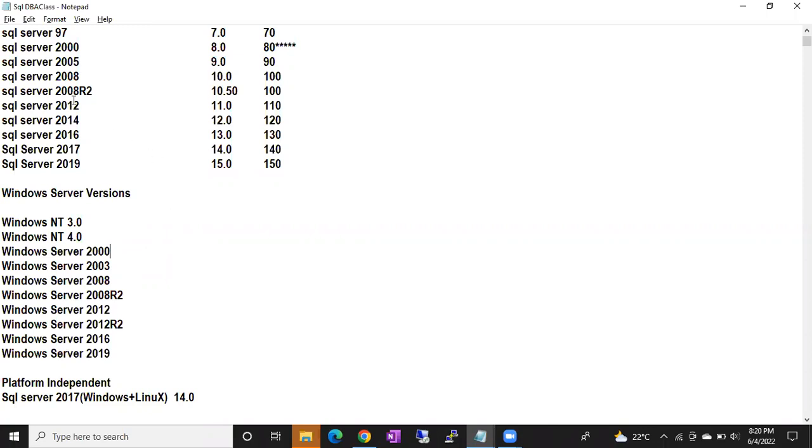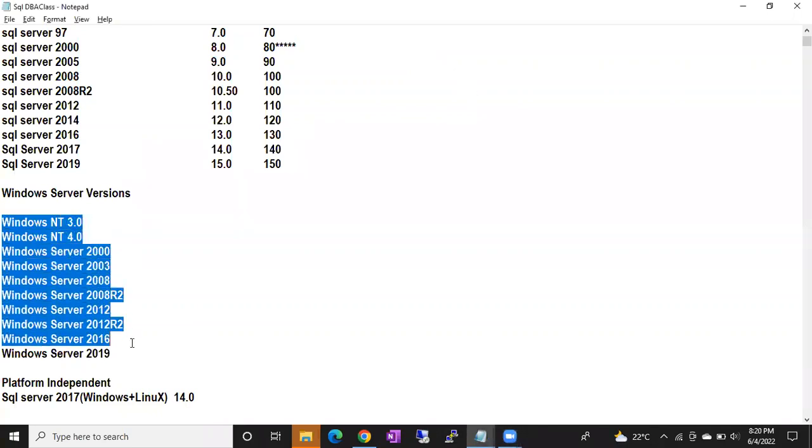In the same way that we have SQL Server versions, we also have Windows Server versions.